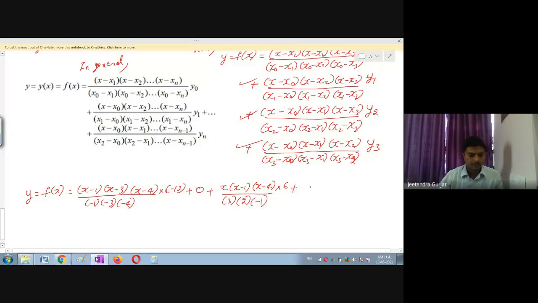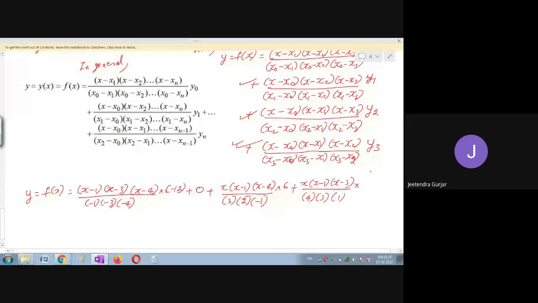Okay, plus. Next, I will be substituting the values in this. x minus x0, x minus x1 is x minus 1, x minus x2 is x minus 3, divided by 4, 3, 1.